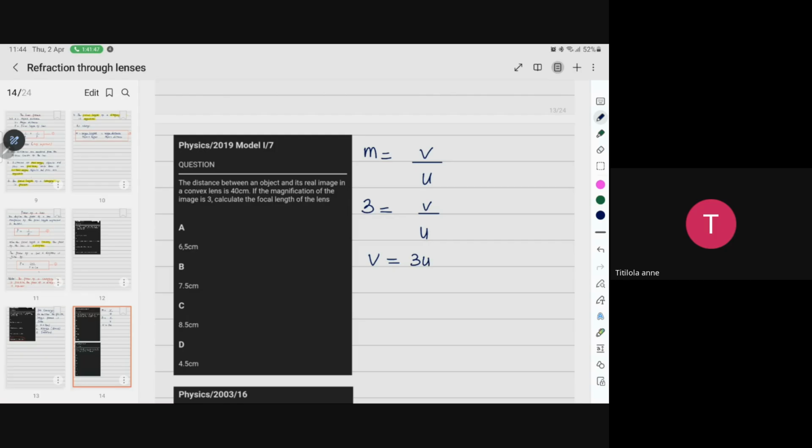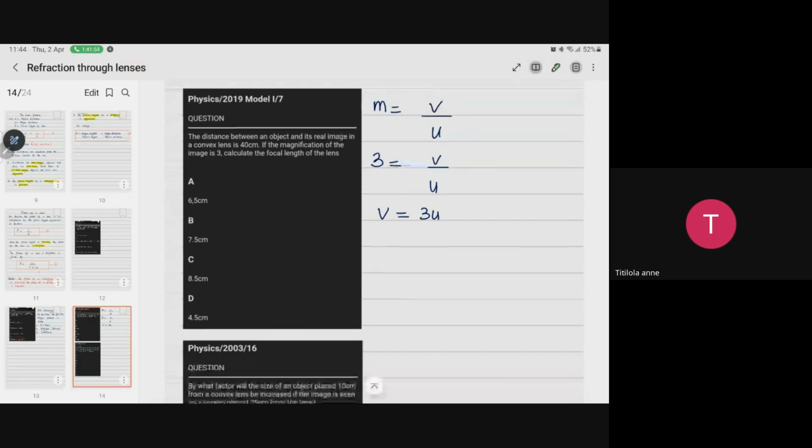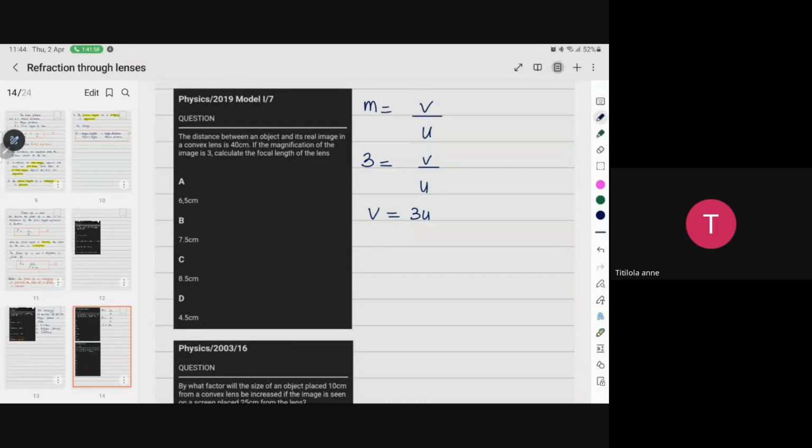Yes. Since they now said the distance between the object and its real image is 40 centimeters, that means the image distance plus the object distance will give us 40 centimeters.